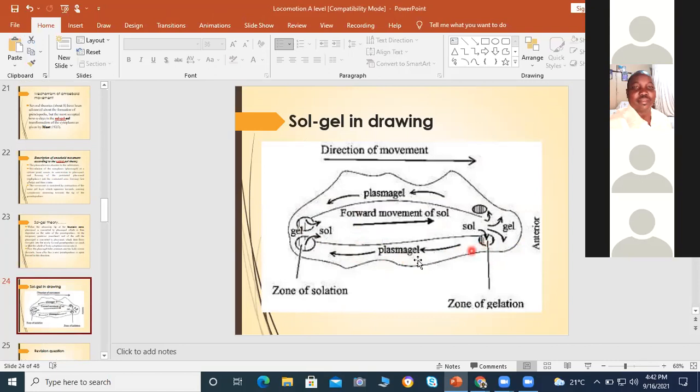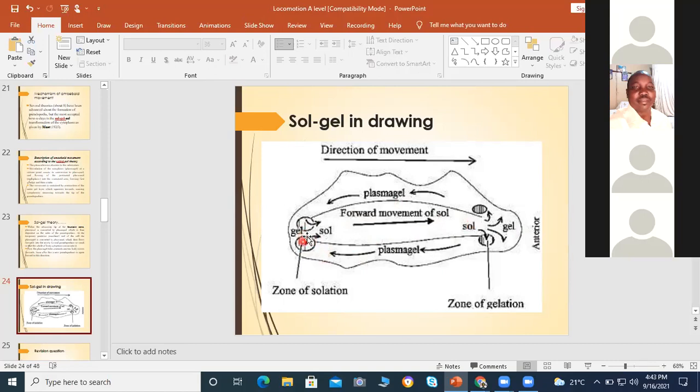Now, there is a hollow part at the sides that you were seeing moving, which we call the plasma gel. And then you have the middle part. It is this middle part that keeps on moving, and then it pushes the upper part. Now, the gel means that it is semi-solid. The sol means that it is a solution form.